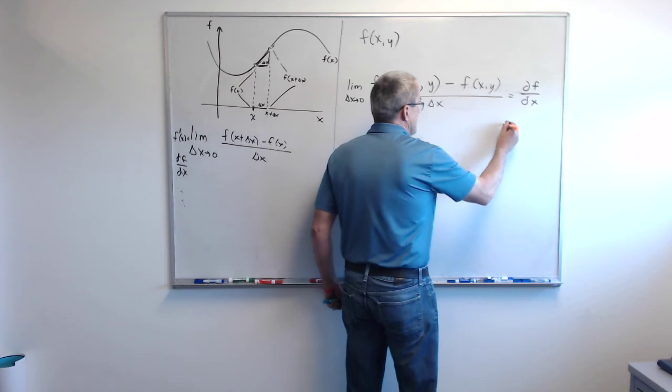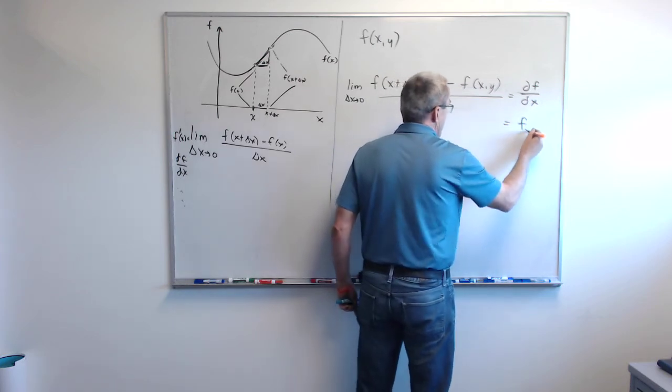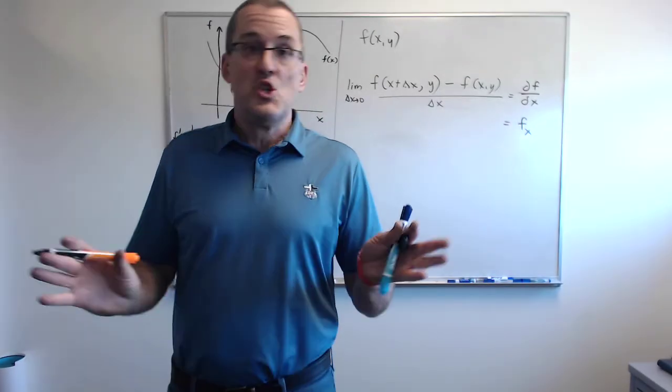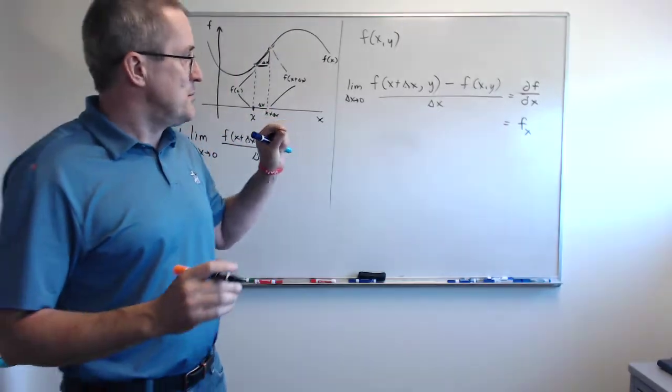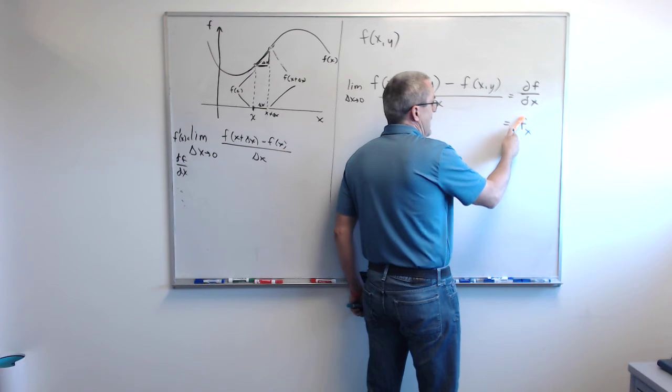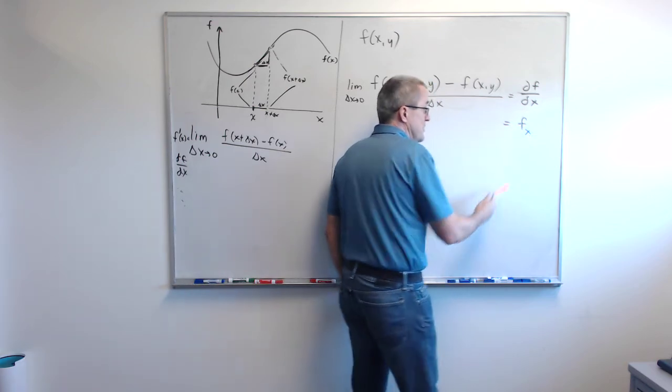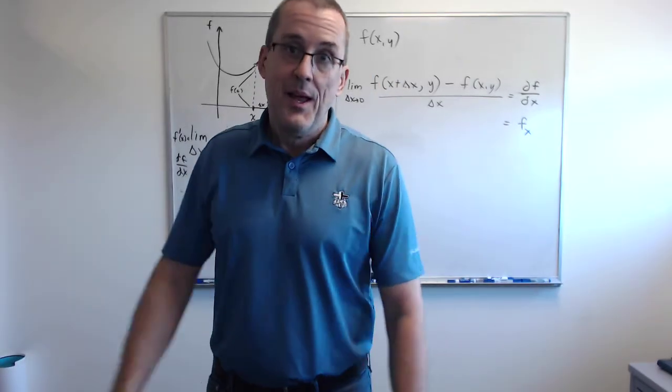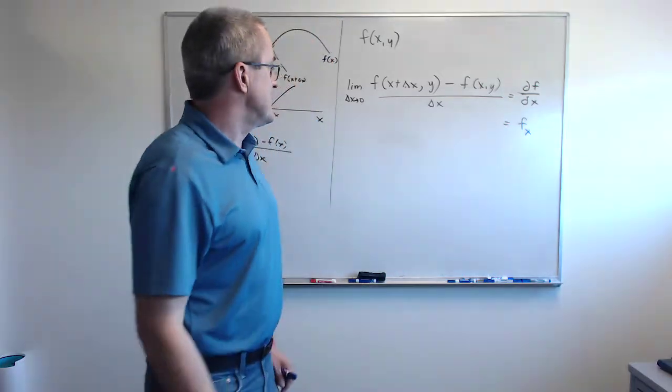Now we also sometimes say this. In the multivariable world, there's no primes. It's just a subscripted x. And what this means for us is how that function changes relative to changes in x only, meaning y is being held constant.